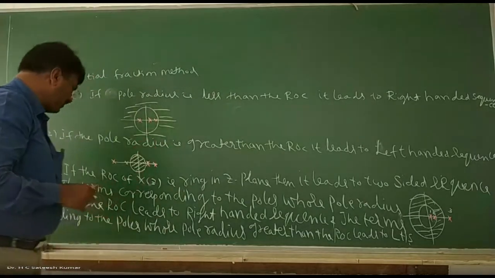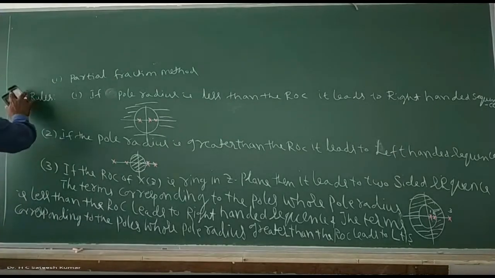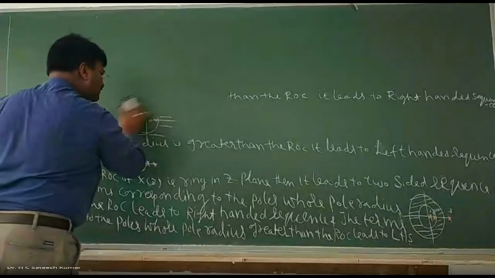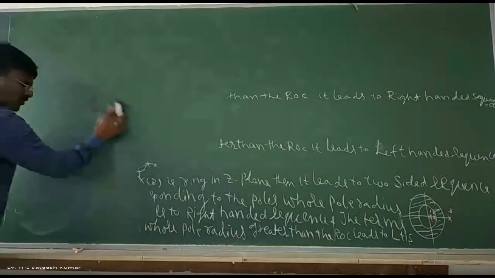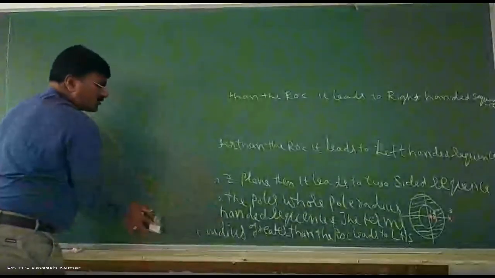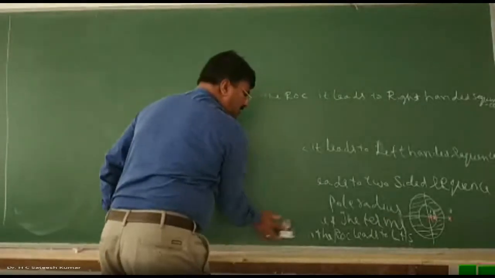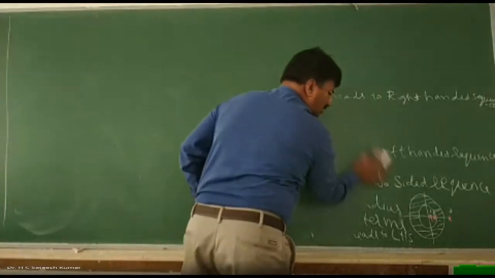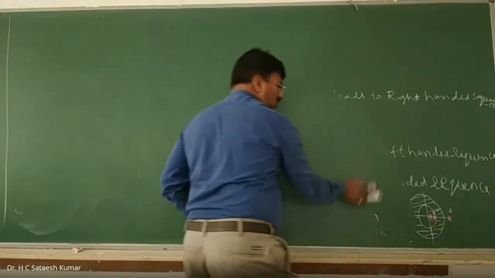This rule is very, very important. Once you know this rule, next is what are the standard forms. So the standard forms, I'll write it now. These rules are very, very important. Based on this rule only, we are going to solve the problem. And for the majority of the applications of Z transformation, you should know Z transformation as well as inverse Z transformation.